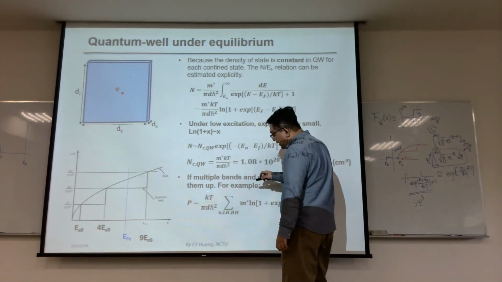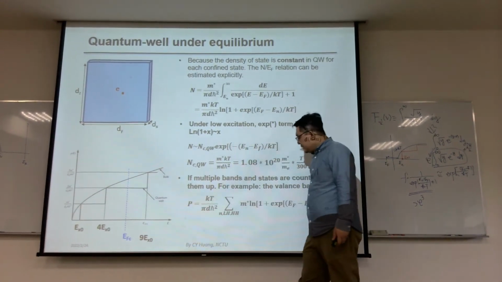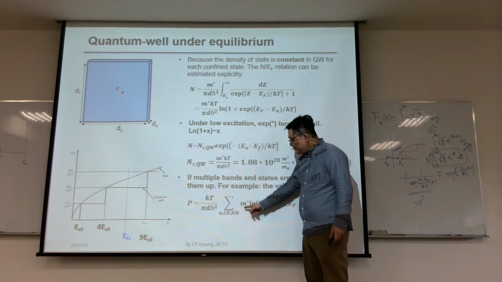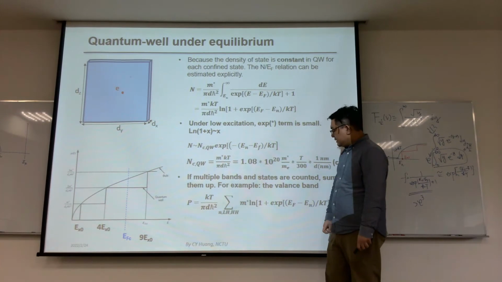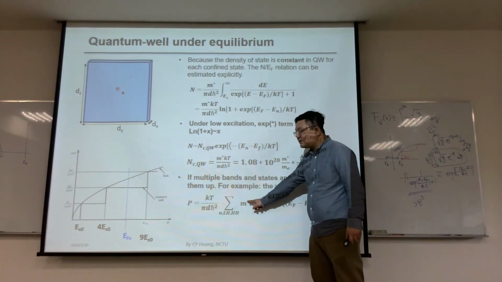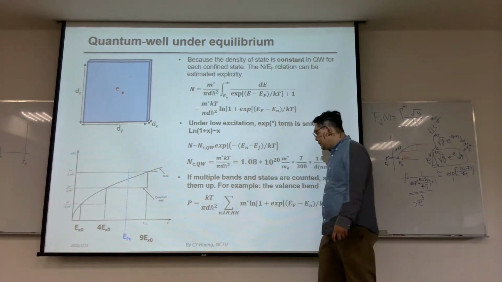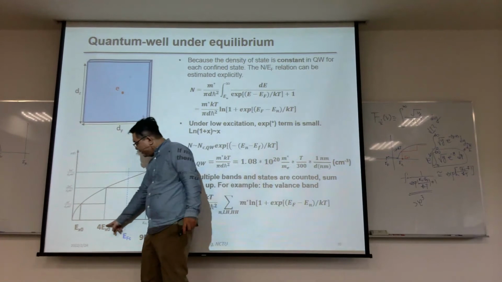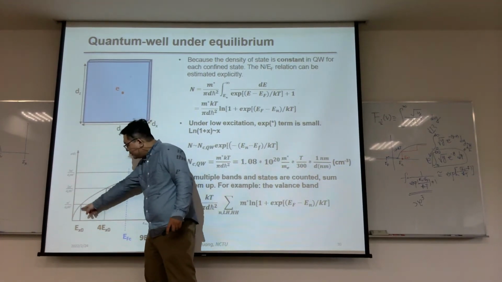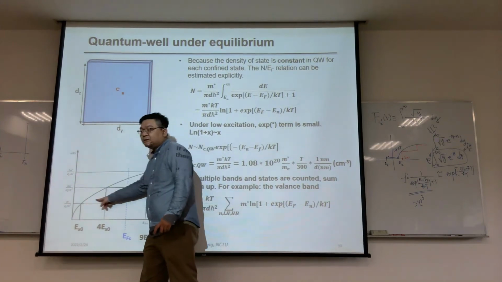So these are common constants, and this m star is the effective mass. It can be heavy hole or light hole. And here's the N, because while you are between E1 and E2, the density of states is constant.